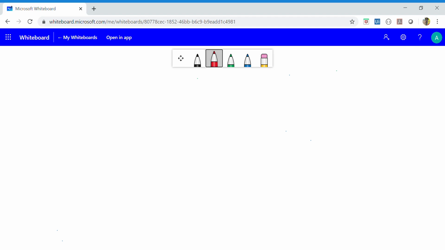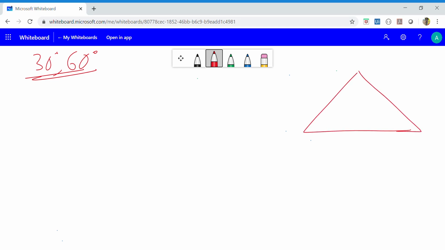So next, coming to 30 degrees and 60 degrees. Consider an equilateral triangle. In an equilateral triangle, each angle is 60 degrees.